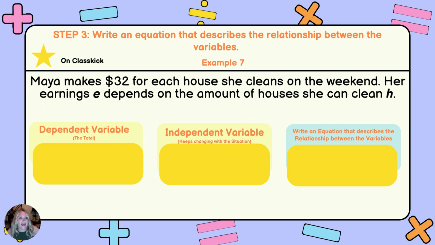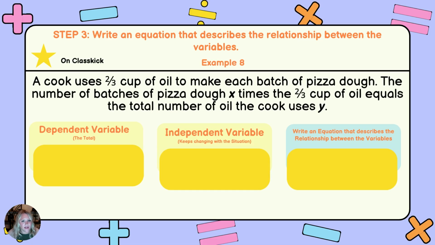There we go. And now I would have the students go ahead and do step 3, write an equation that describes the relationship between the variables, and I'd have them go onto an app like ClassKick, so that way I could view what they're working on. And then they would work on these examples on their own.